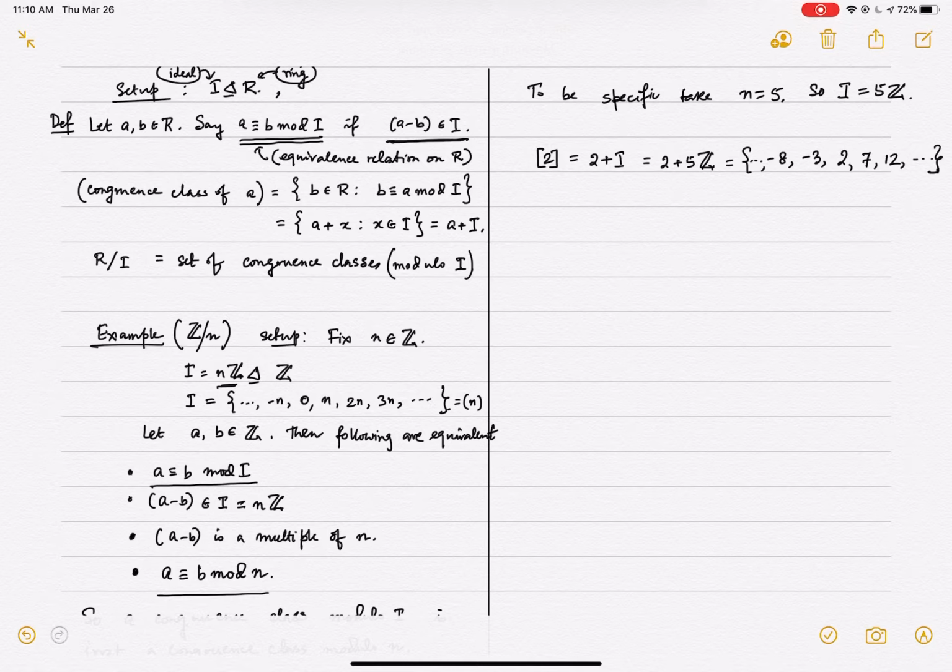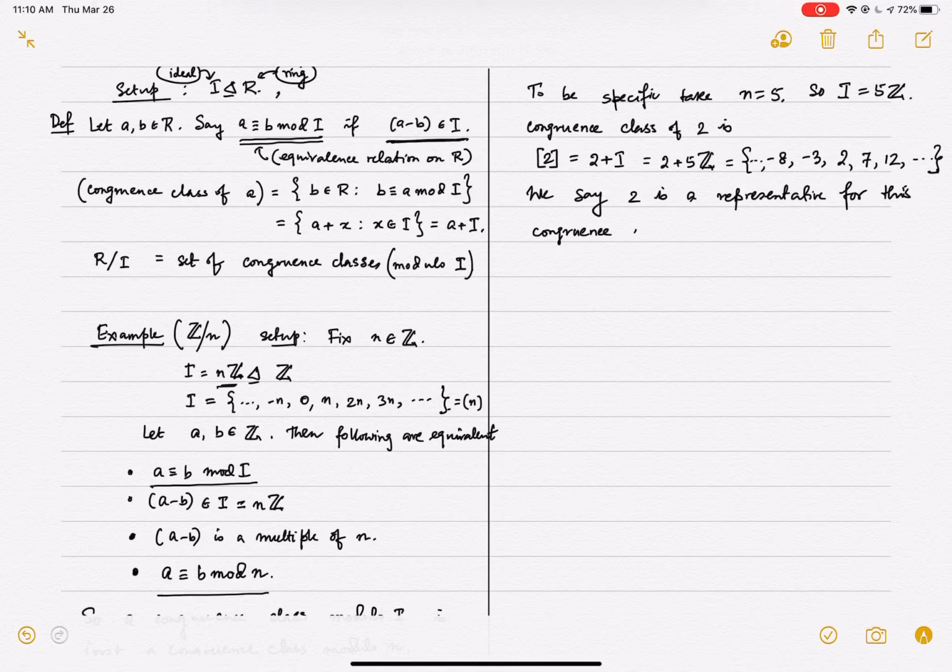Yes, so this is the congruence class of 2. We say 2 is a representative for this congruence class. Notice that this class has lots of representatives.